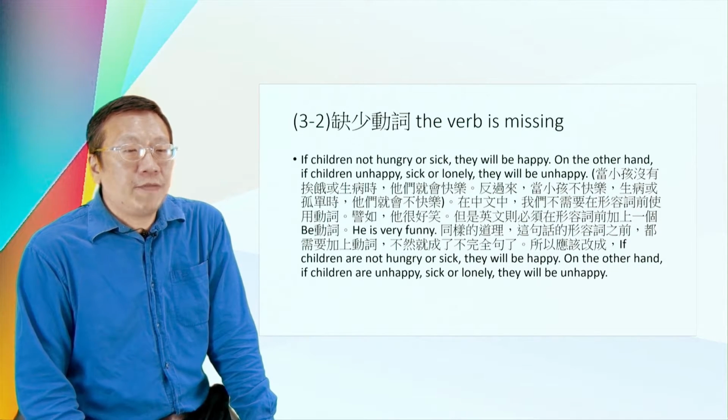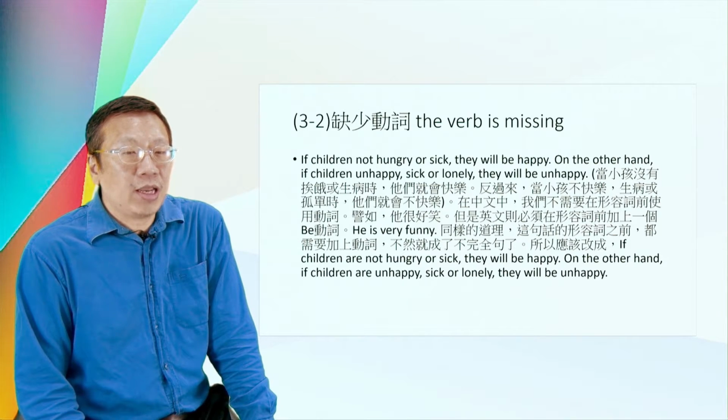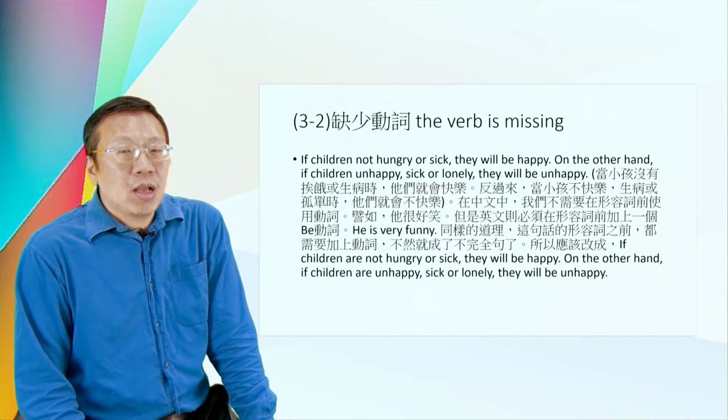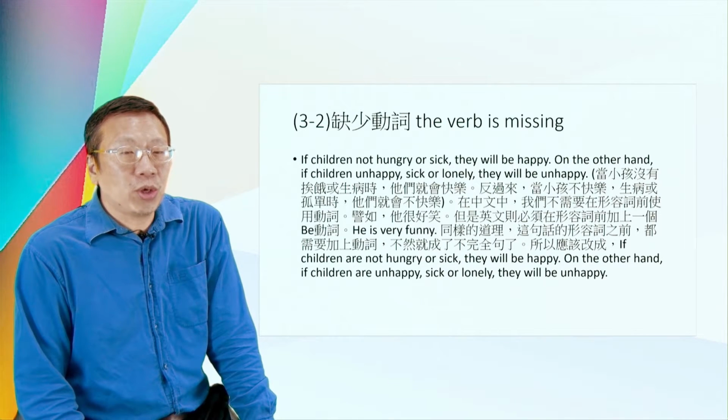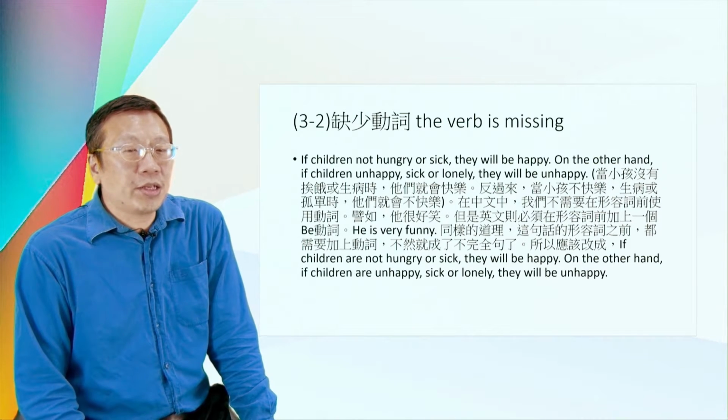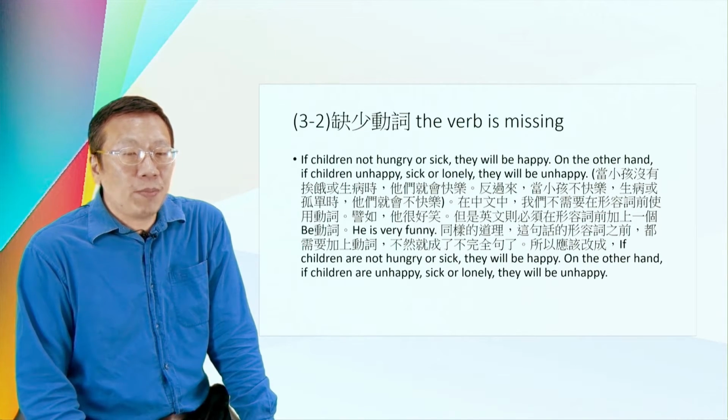On the other hand, if children unhappy, sick, or lonely, they will be unhappy. 当小孩没有挨饿或生病时，他们就会快乐。反过来，当小孩不快乐、生病或孤单时，他们就会不快乐。在中文中，我们不需要在形容词前面加上动词，譬如他很好笑，但是英文则必须在形容词前面加上一个 be 动词 He is very funny. 同样的道理，这句话的形容词之前都需要加上动词，不然就变成了不完全句，所以应该改成 If children are not hungry or sick, they will be happy.